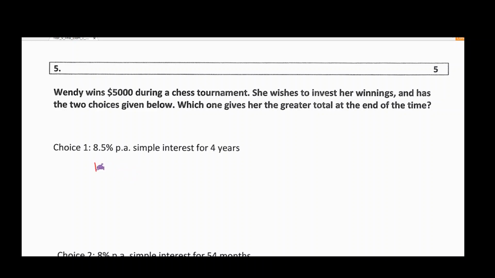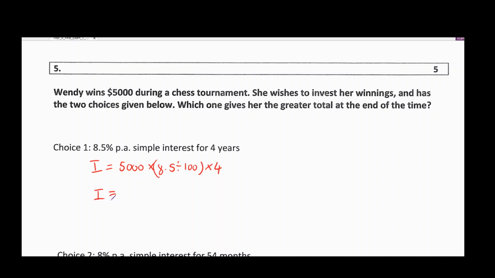So we've got interest is going to be the principal, which is 5,000, times by the rate, 8.5, divided by 100, times by the time, which is 4.